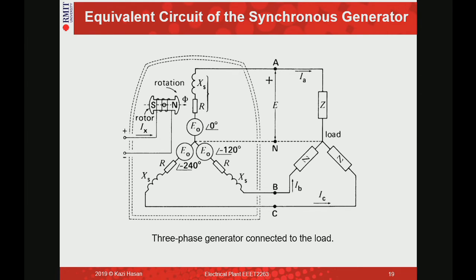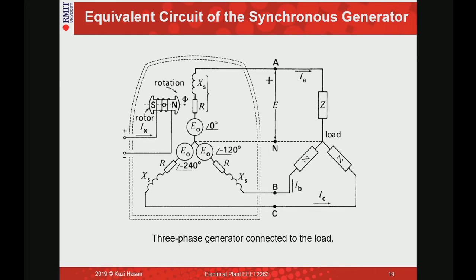That's what we see in each of the branches of our synchronous generator, each of the phases, R and XS. Now, you also know that the electrical power loss, real power loss, happens in R. Real power loss, I square R.